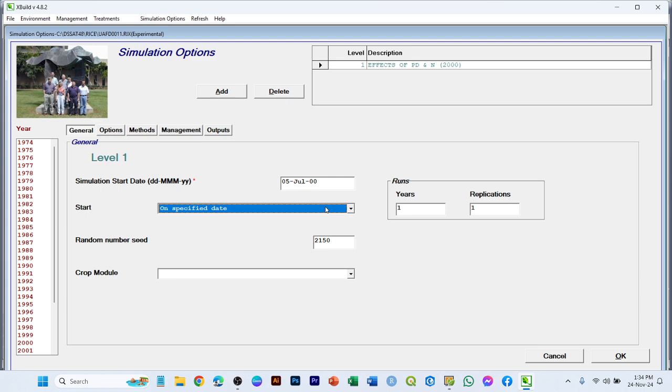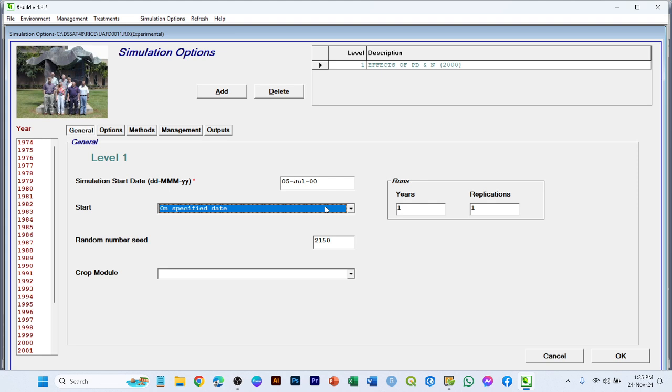Planting? Yes, this one. It might be dry seed. If you are going to start from dry seed, you can write over here dry seed, and you can also write transplant. It's up to you. Options are there. Clear? Anything else?